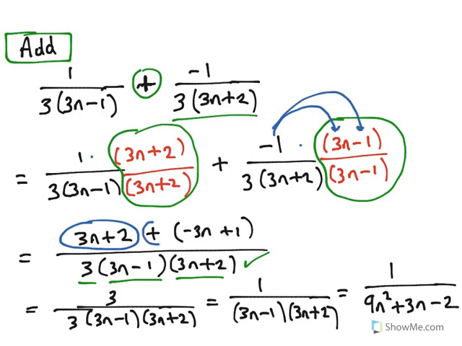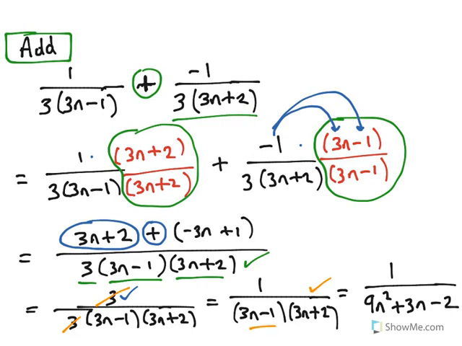So now we need to add the two numerators together, and when we do that, we get 3n plus negative 3n is 0n, and 2 plus 1 is 3, and our denominator is the LCD. We can cancel the common factor of 3 that's in the numerator and the denominator, leaving us with 1 over 3n minus 1 times 3n plus 2.